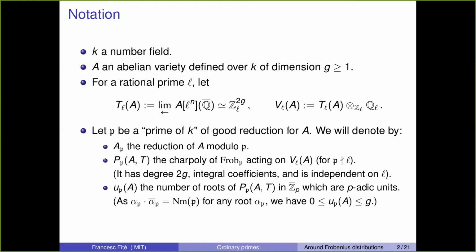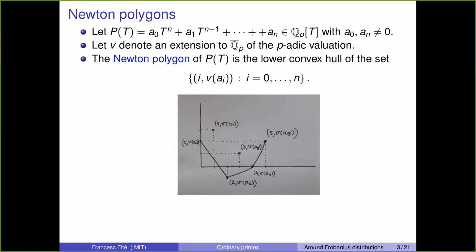Now I want to define what it means for a prime p to be ordinary. For this, I need to speak about the Newton polygon attached to the polynomial P_p. Let me start from the very beginning and attach a Newton polygon to a general polynomial with coefficients in Q_p. Let v denote an extension to Q_p-bar of the p-adic valuation. The way you build the Newton polygon is the following.